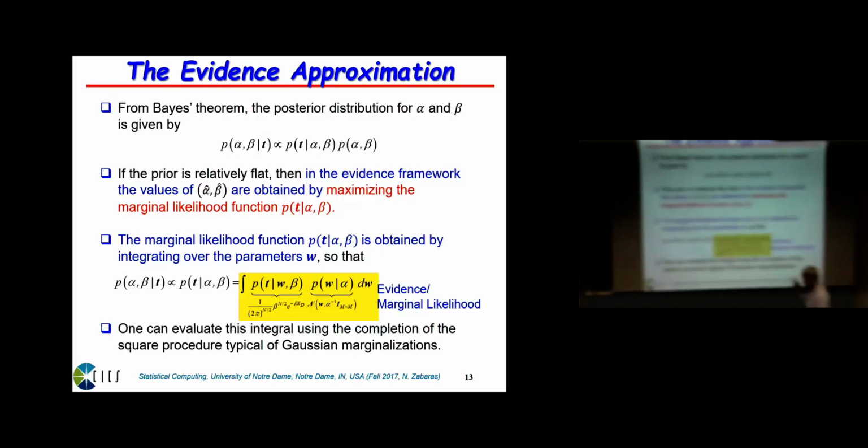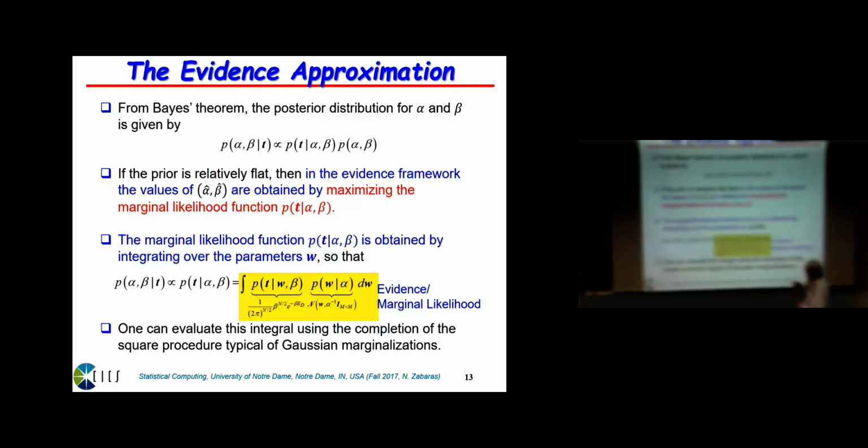And that's why this is called the evidence approximation, because to compute the alpha and beta that maximize this distribution, it's really approximately the same as maximizing this evidence of the training data T given the parameters alpha and beta. So the objective today is to actually compute this evidence of the training data given the parameters alpha and beta. So we need to compute this as a function of alpha and beta and somehow maximize that function to find alpha hat and beta hat.